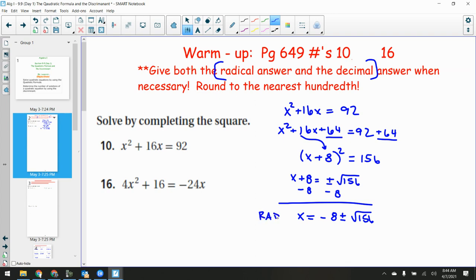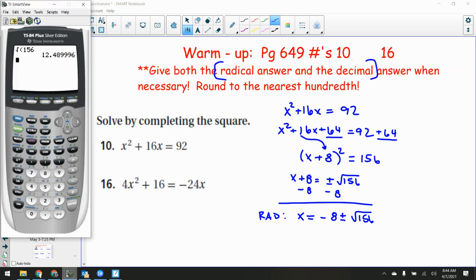And then I take negative 8 plus the square root of 156, and I get that. And then I do the same thing, but instead, I'm going to do a minus.